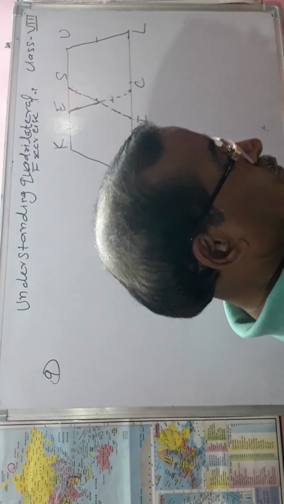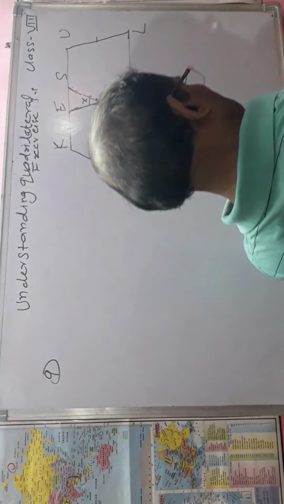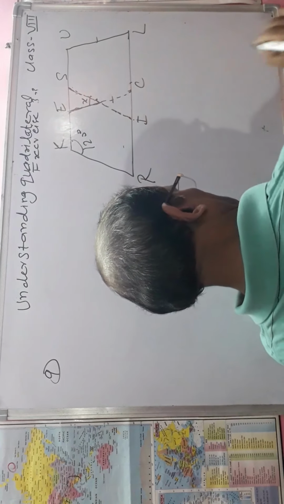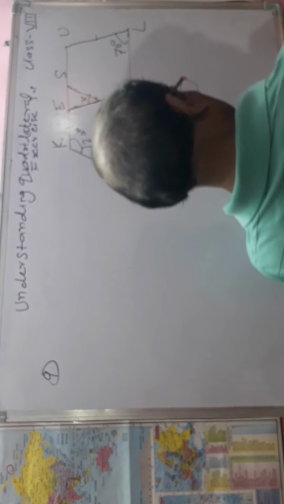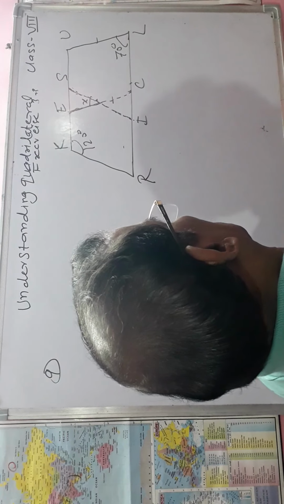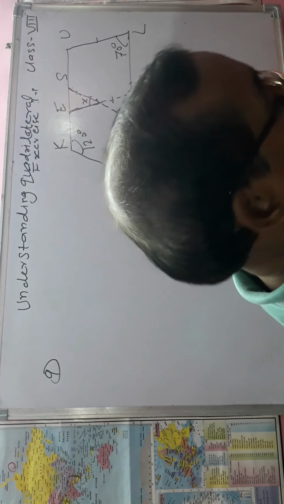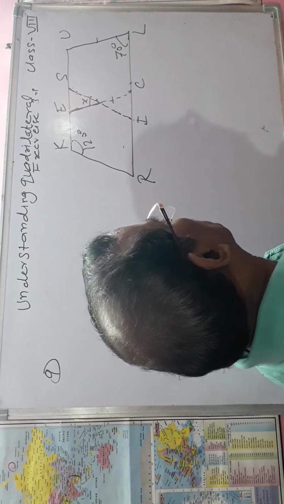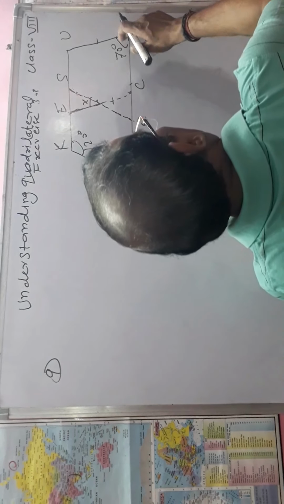Now find the value of x. The value of K is given as 120 degree. This is 70 degree. Now we will find the value of x in this figure, where this is 70 degree.